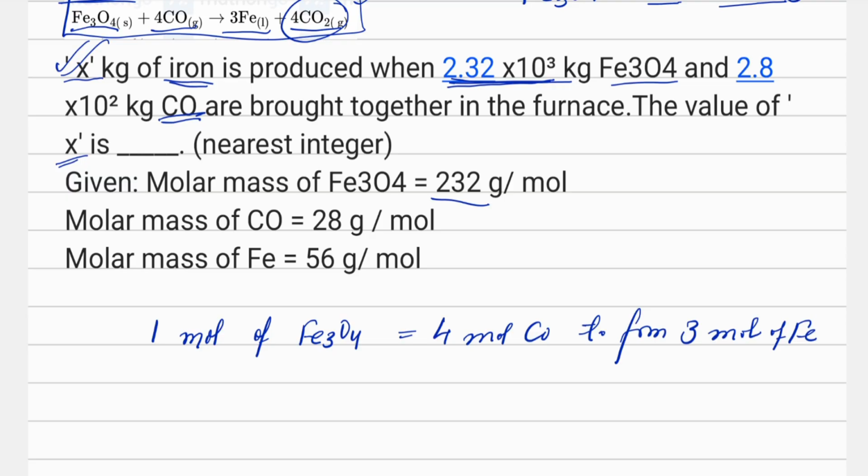Whatever we have been given, just convert it into number of moles.